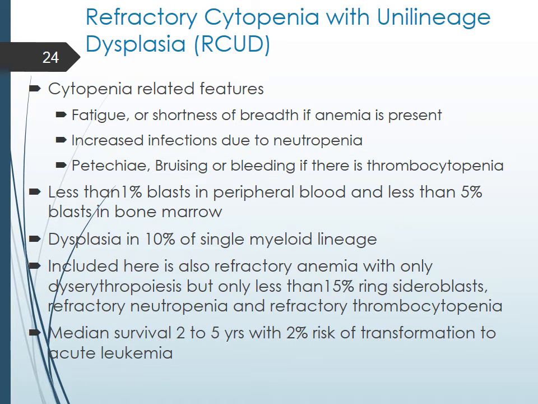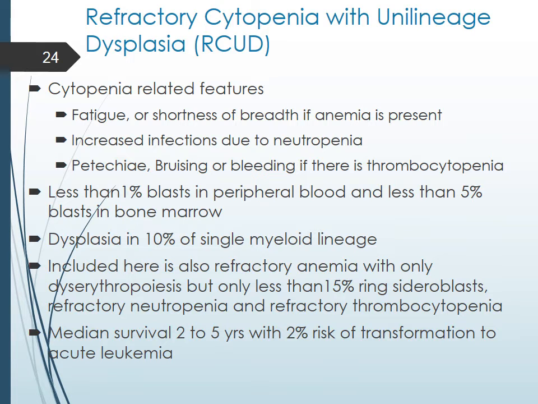So let's start looking at the disorders that we have mentioned earlier. The first one being refractory cytopenia with unilineage dysplasia, RCUD.